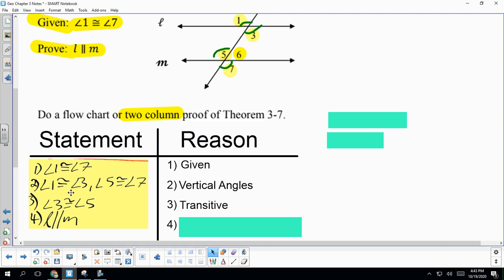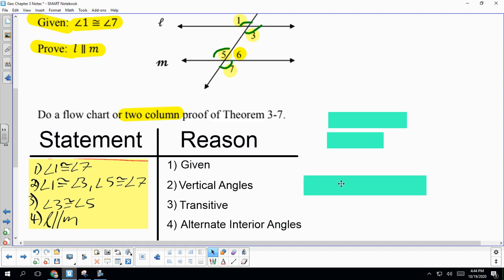So if 1 is congruent to 3, 1 is also congruent to 7, and 5 is congruent to 7, by the transitive property, angle 3 is congruent to angle 5. So we can say L is parallel to M by the alternate interior angles converse theorem, which we proved back in the beginning of chapter 3.